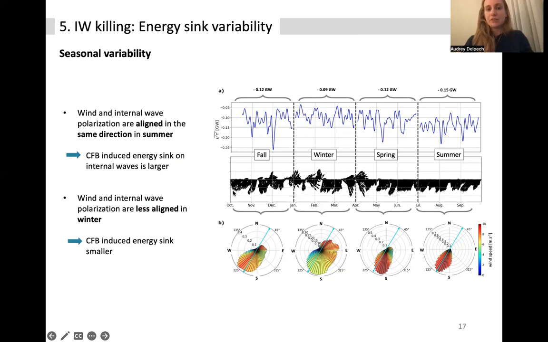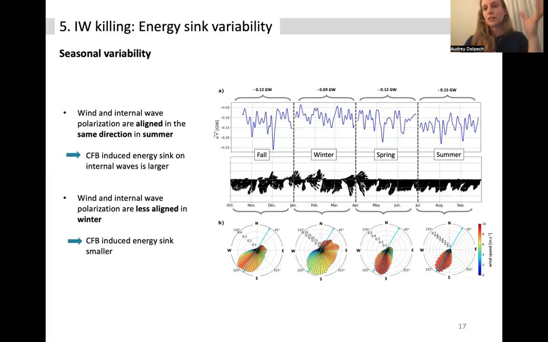On the bottom panel is the average wind direction over the domain as a time series, and here as wind roses, so it's more statistical. What we can see is that while in winter the wind is spread over all directions and does not have a particular direction, in summer the wind is blowing more constantly in the same direction, which is the southwest direction.